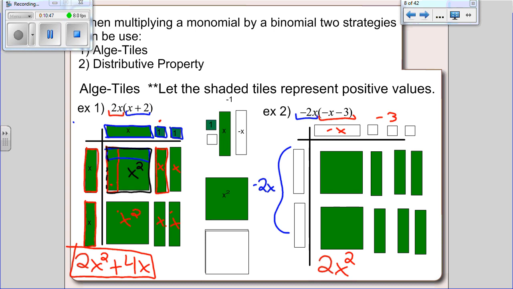Okay, so I do have 6 long, skinny x algebra tiles. Some people are slowly catching on. So we got 6 of them there. Are they positive or negative? They're positive, so it'd be plus 6x. That would be my solution. That's my answer.